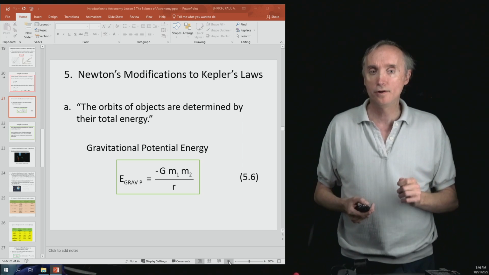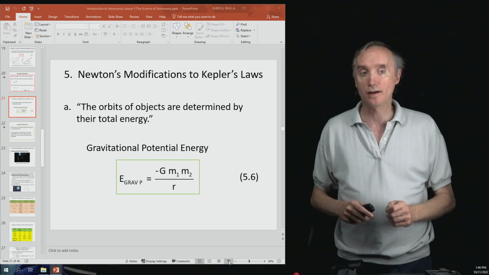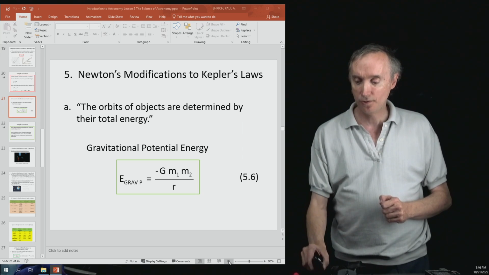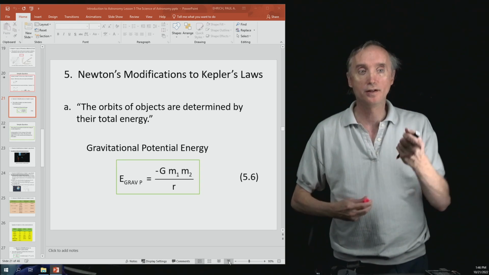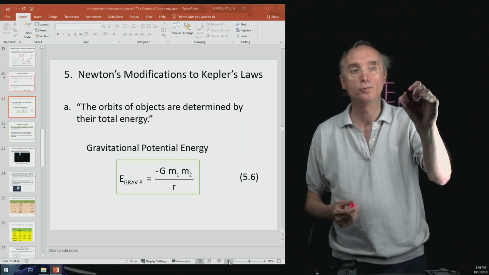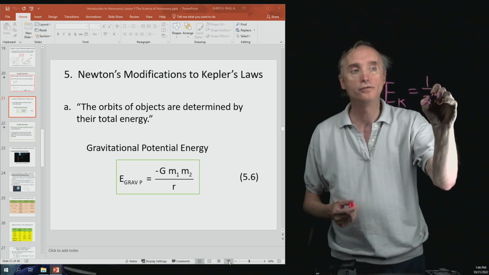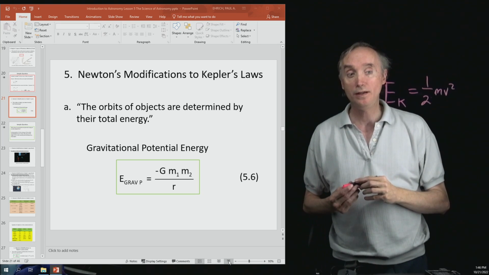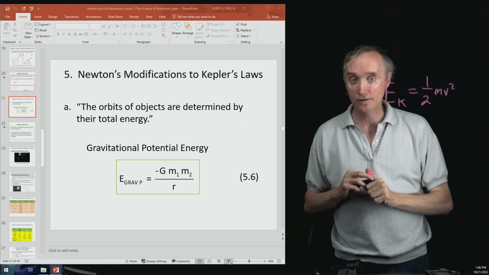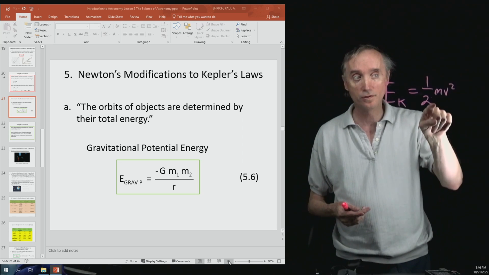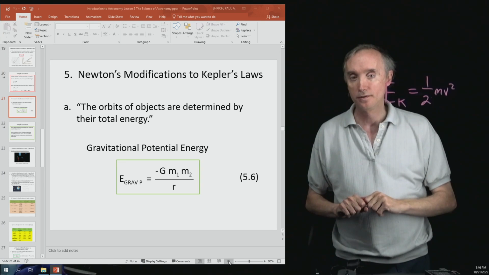Now, let's compare that to kinetic energy. Okay, do you remember what kinetic energy was? So kinetic energy, or E sub k, was equal to 1/2 mv squared. It depended on the speed of the object. So the faster the object goes, the more kinetic energy it's got, and it also depends on the mass of the object that's moving.